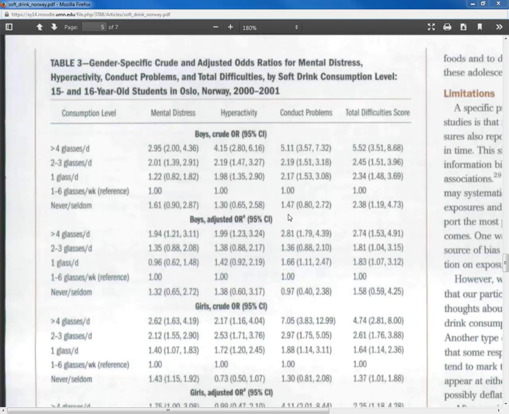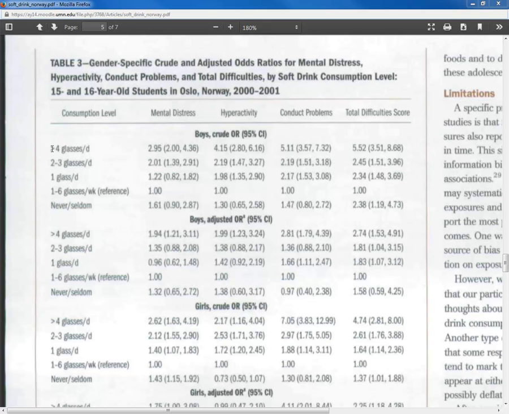For the soft drinks and hyperactivity in Norway, scroll in the article to table 3 and you'll see some odds ratios. Let's take a look at the consumption level of more than 4 glasses of soft drink per day.